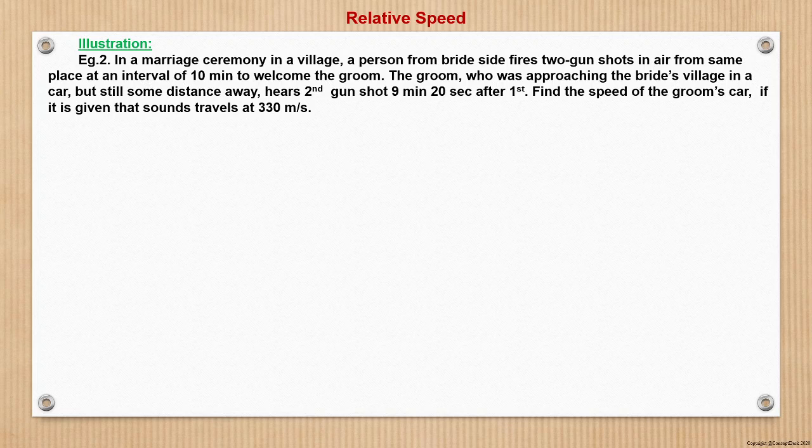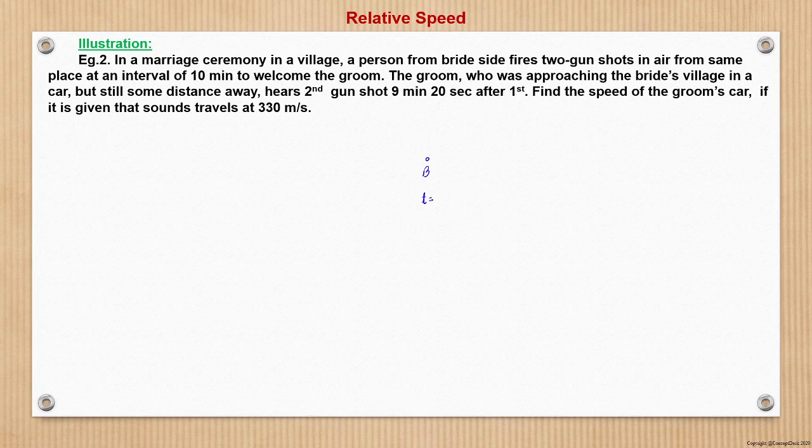So this is another important conceptual problem based on relative motion. Let us see how to proceed ahead in this question. It says that in a marriage ceremony, the bride side's people fire two gunshots. So let this location be the base, given as the bride side, where the people fire two gunshots.